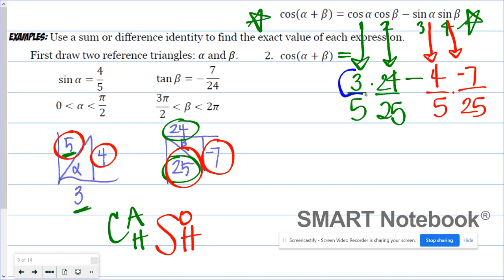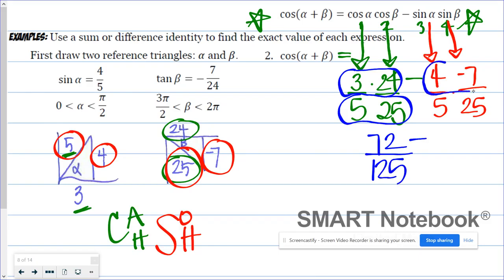So 3 times 24 is 72, and 5 times 25 is 125, minus 4 times -7 is -28. 5 times 25 is 125.